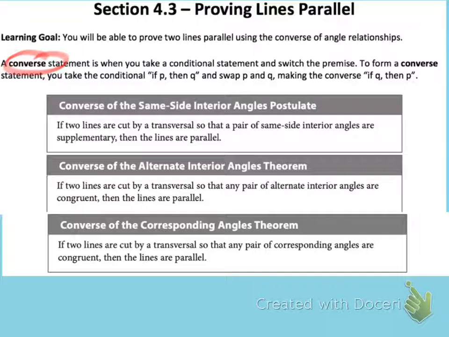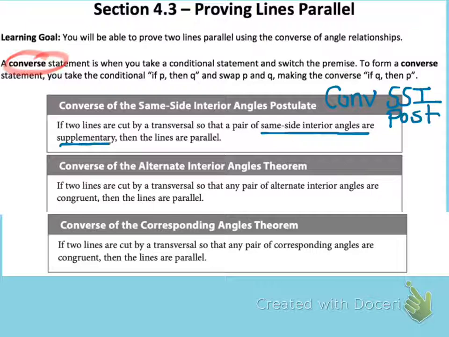And so here's the first converse statement, which I like to abbreviate as the CONV SSI postulate. So it's the converse of the same side interior angles postulate. This one says, if two lines are cut by a transversal so that a pair of same side interior angles are supplementary, then the lines must be parallel.